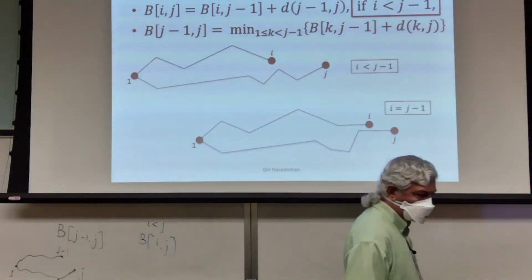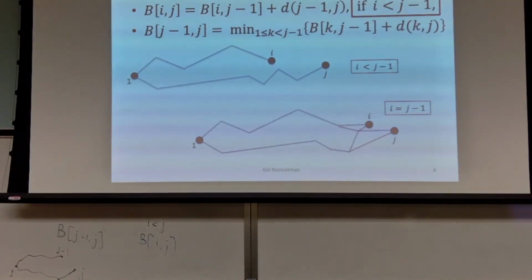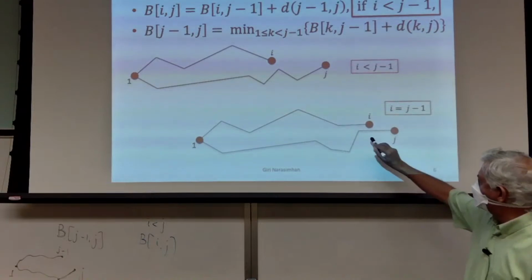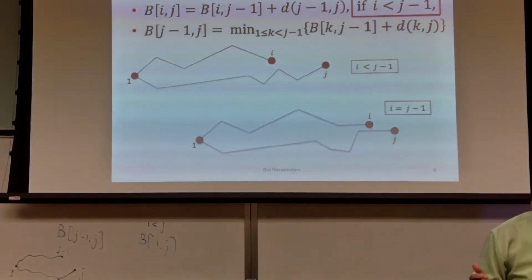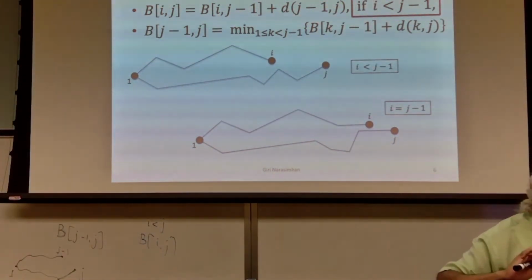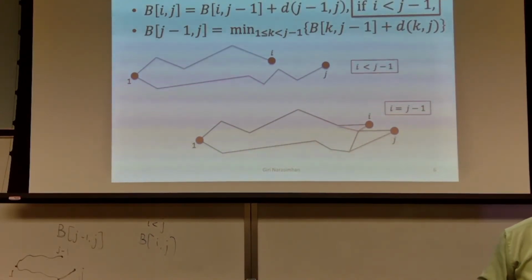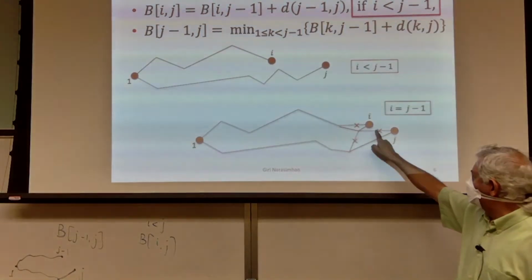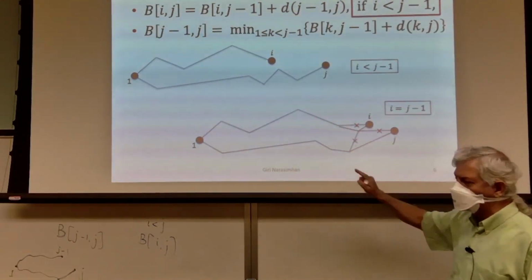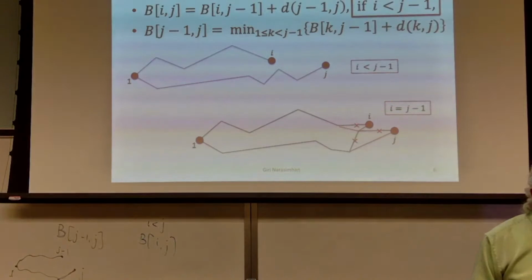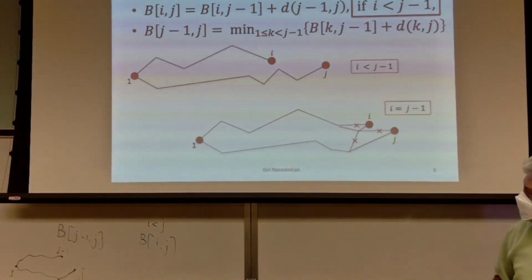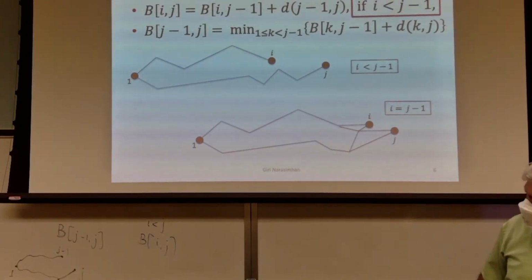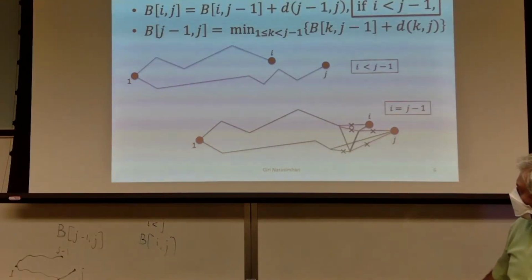So let me show. I had some animations here. So it's possible that k is j minus 2, in which case this is exactly what it's going to look like. It's possible that k is j minus 3, in which case I remove these 3 blue edges and make those 2 red edges, right? Or it could be j minus 4, in which case it would look like this.